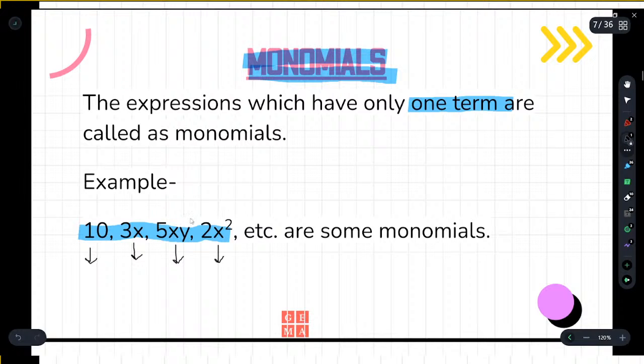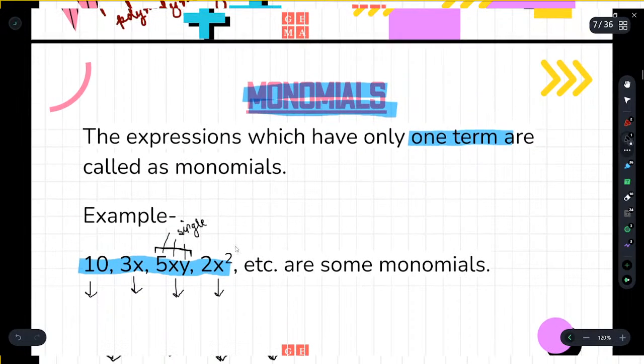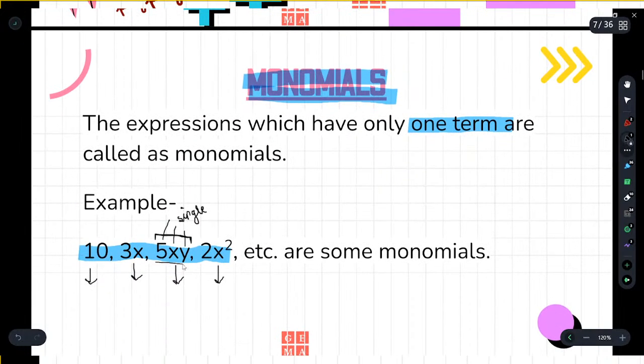All these have only one term in them, right? See, it is a single one. We will consider it as a single term. Even though it has one constant and two variables, still it's a single term because they are together. They are not separated by an operator. That's why these also come under the category of monomial.